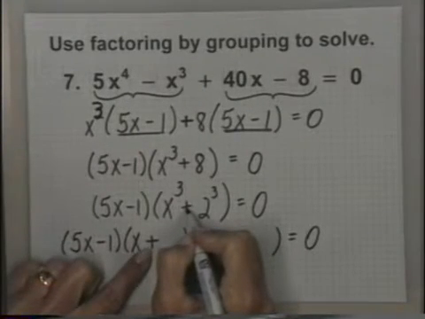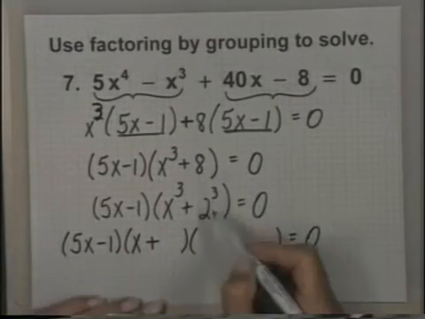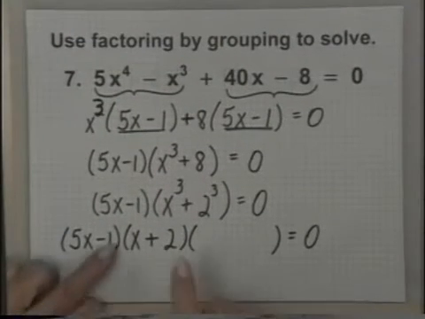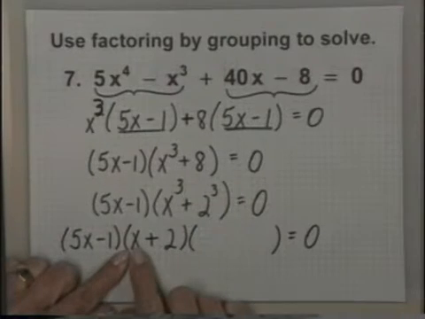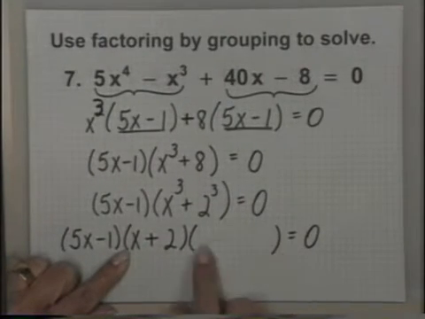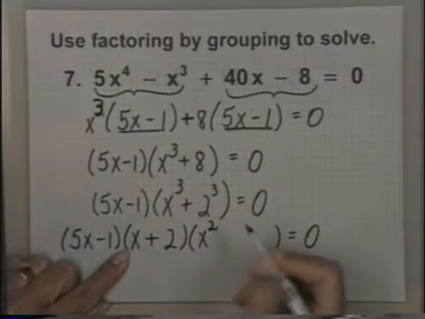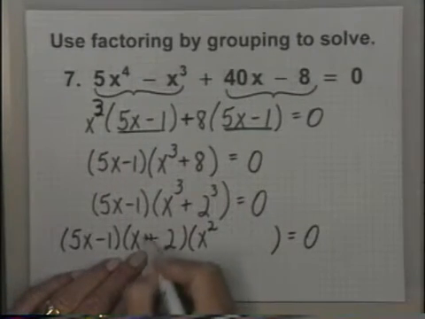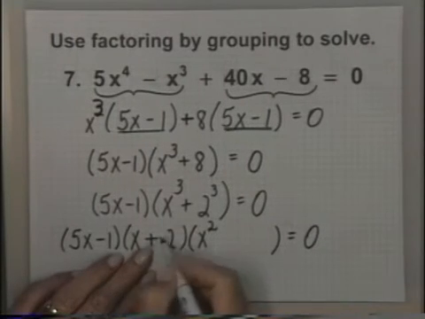Use the same sign. Since it's a sum, we want to use a plus. What did we cube to get 8? We cubed 2. So the terms of our binomial factor would be x plus 2. Let's use this x plus 2 to generate our trinomial factor. The first term would be this x squared. Remember, the sign of the second term is the opposite of the sign between the two terms in our first factor.